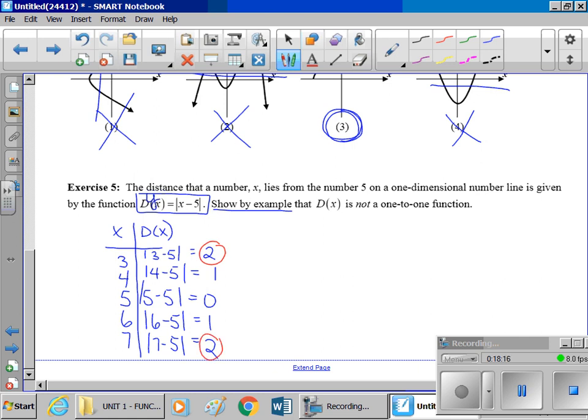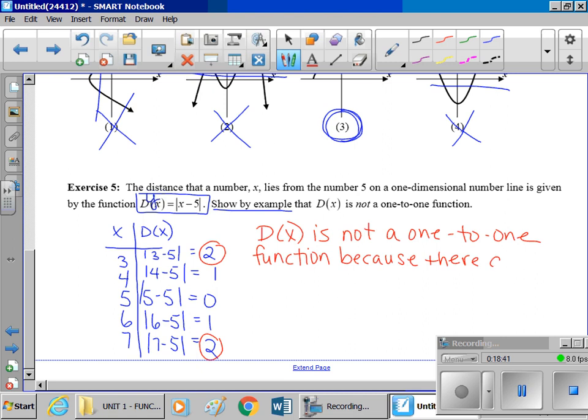So show by example that it's not one-to-one, but we're going to say, d of x is not a one-to-one function because there are multiple, I love that word, multiple y values for a given x value.